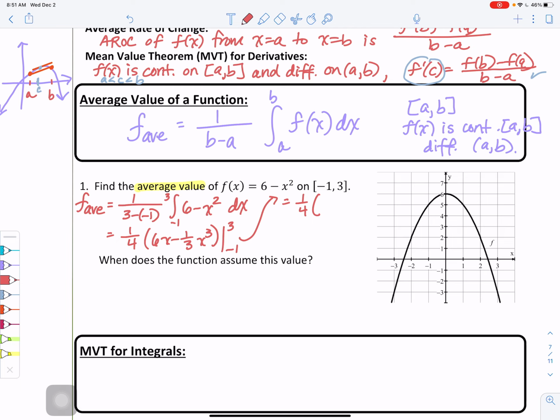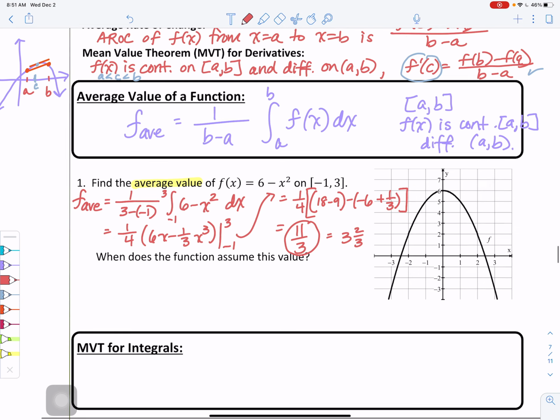I'll let you compute that, but you should get 18 minus 9 when plugging in 3, and then minus a -6 plus 1/3. I got 11/3, which is equal to 3 2/3.